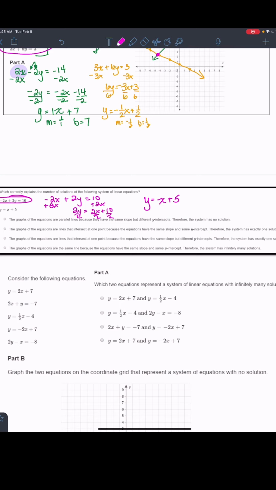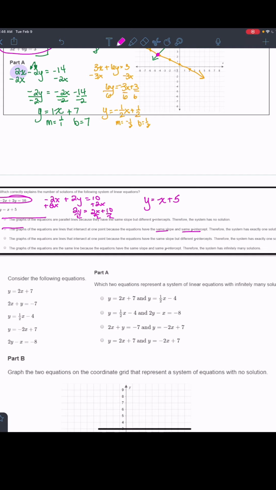So go look through. It says the graphs of the lines are parallel. Well, I can cross that out. They're not parallel. They're the same line. The graphs of the lines intersect at one point because they have the same slope and same y-intercept. Well, they have the same slope, they have the same y-intercept, but they're intersecting at more than one point. So that's not true.